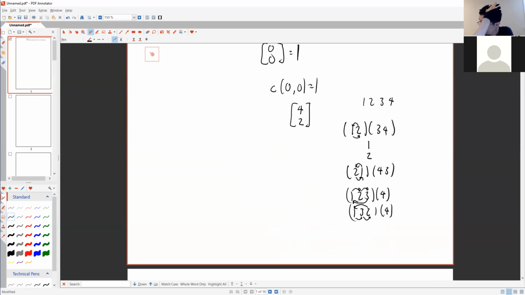Yeah, well, instead of casework on the number in the first cycle, how about the size of the first cycle? So we can have a 3 cycle with a 1 cycle, or 2 cycles. So how many ways are there to do the first way?